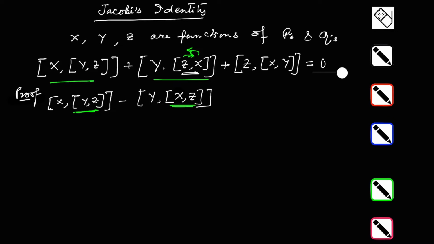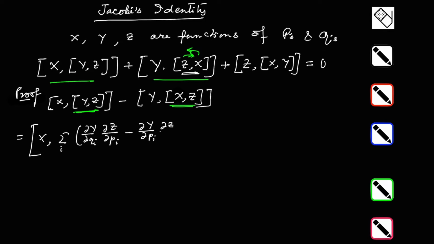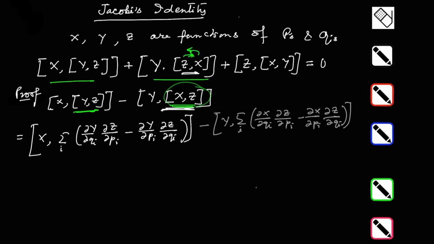If you expand those Poisson brackets, you will get a summation: first one, del y by del qi, del z by del pi, minus del y by del pi, del z by del qi. Similarly, if we expand this, we have got this.